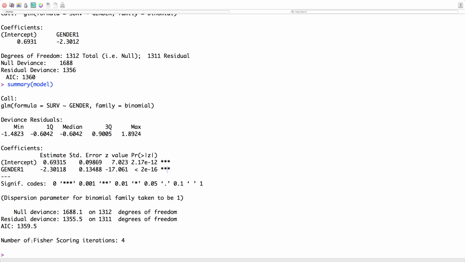And down here you'll see that the number of Fisher scoring iterations was 4. So as I said earlier, the maximum likelihood estimation process doesn't have closed form, and we use computers to crunch through the iteration process. It took 4 iterations to come to the maximum value for the -2 log likelihood value.